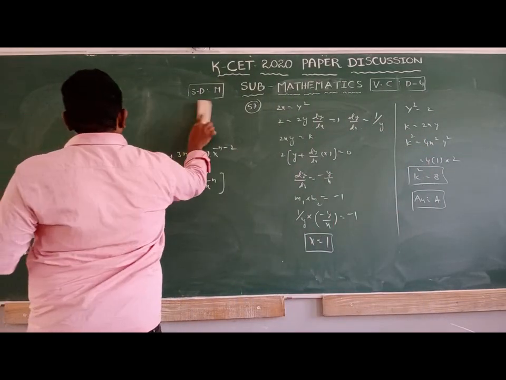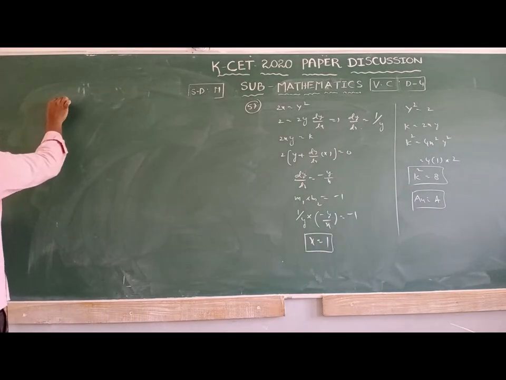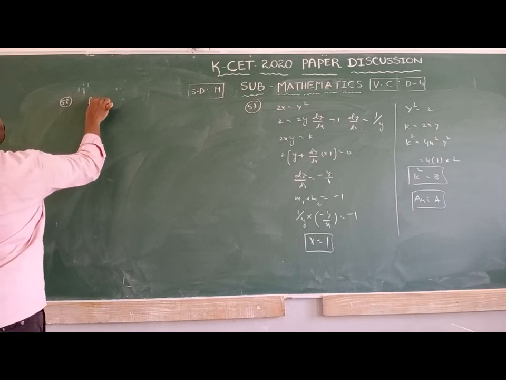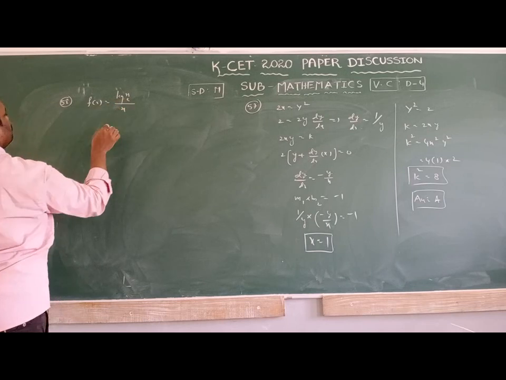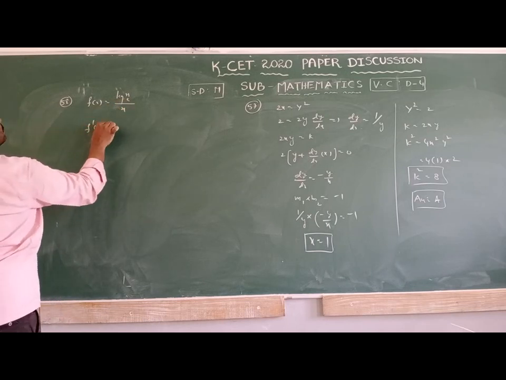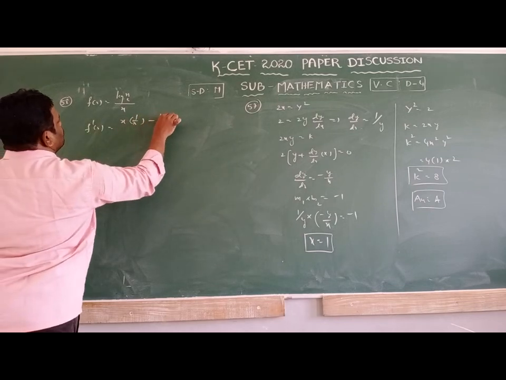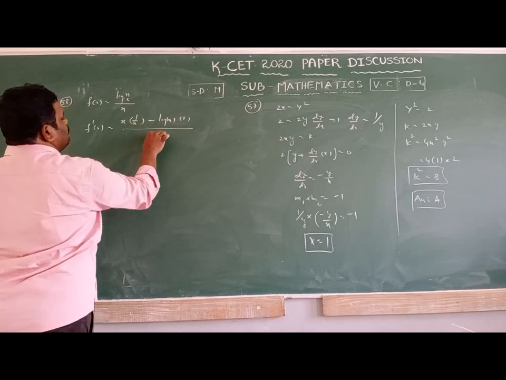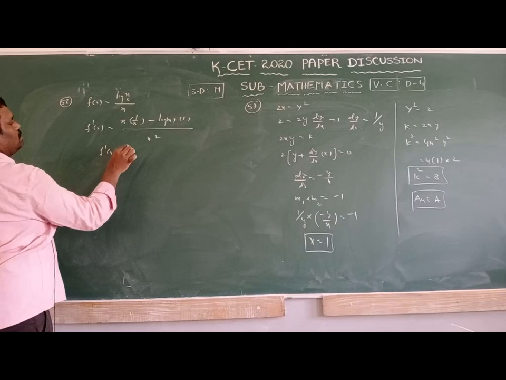Next, 58th bit. What is given here? The maximum value of f of x is equal to this function, log x base c by x. If we want to find the maximum or minimum, we take the derivative: x into 1 by x minus log x into 1, divided by x square. For maximum or minimum, f dash of x is equal to 0.